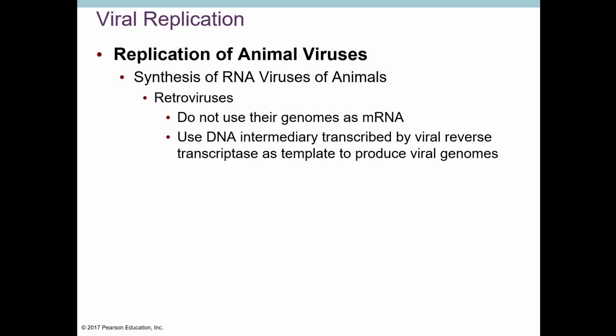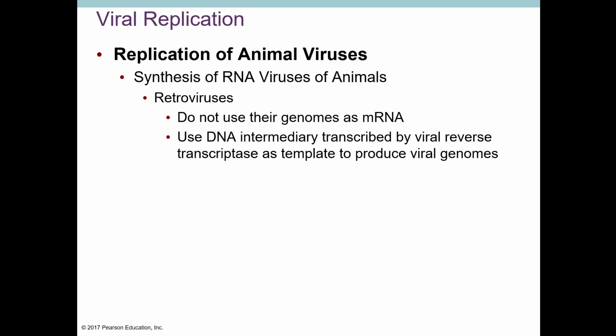There's one special group of viruses that I want to mention. It's called the retroviruses. They are RNA viruses, but what they do is they copy their RNA into DNA. And that is the reverse of the way a normal cell makes a copy.